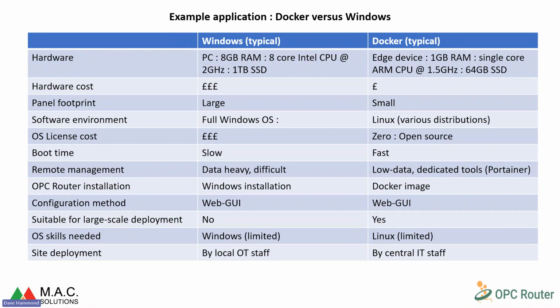So some of these applications are coming from the IT staff in factories wanting to manage a very large estate of duplicate machines on their shop floor. And some of these applications are more where the requirement is to put a small, low-cost, lightweight piece of hardware in a remote location. Both of those applications can be suitable for Docker type applications.